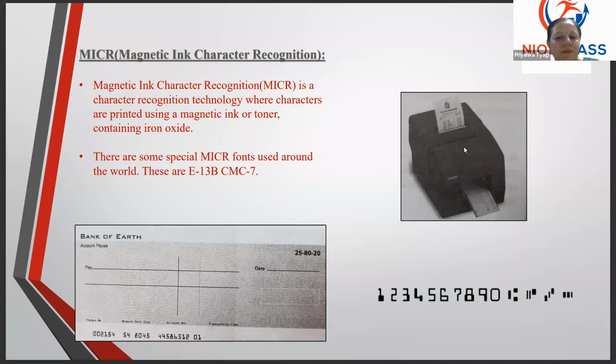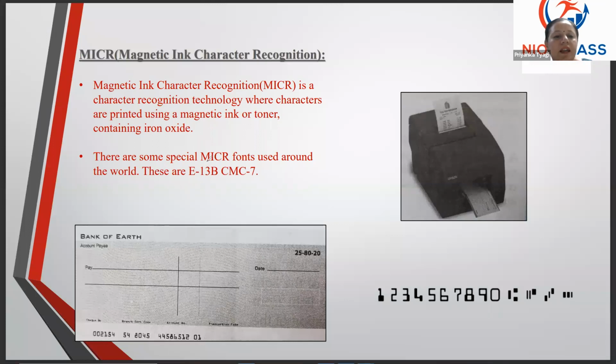But actually this machine is a banking machine, which is used to read checks. As you can see here, what they have inserted here is a bank check. In this device, the machine has a library of fonts.